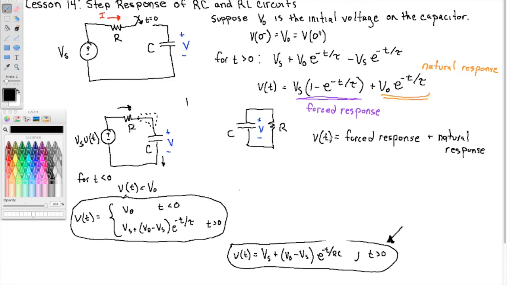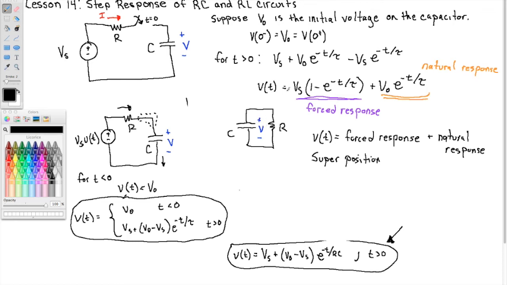And this is a sneaky application of superposition, believe it or not. I say sneaky because if you go back to the superposition video, we used superposition when there were more than one source, right? Two sources. So where are the two sources here? Well, we said that the capacitor, when it's initially charged, is effectively a source. It's an energy source. It makes a current and a voltage and so forth until it dies down.